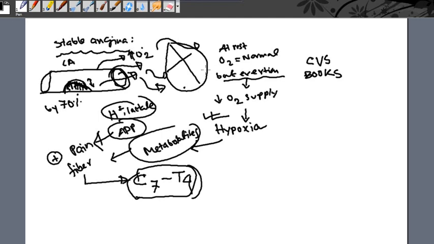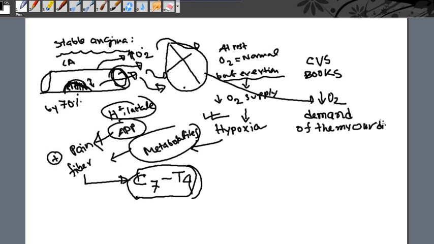So what we can do, we have just one option left. We can decrease the oxygen demand of the myocardium. In stable angina, we can decrease the oxygen demand of the myocardium. So what are the factors that determine the myocardial oxygen demand? Again, to understand the oxygen demand of the myocardium, you should study specific CVS books.